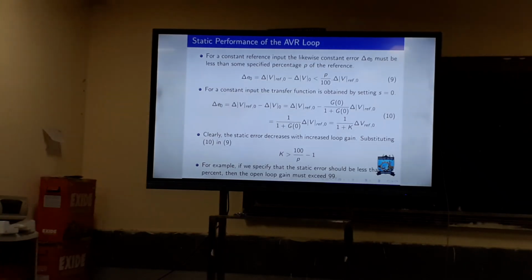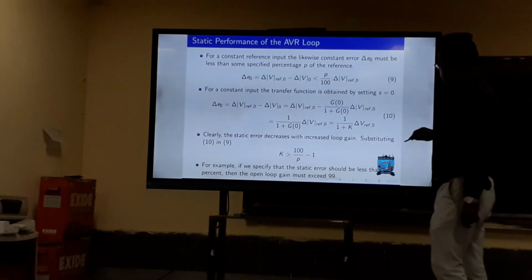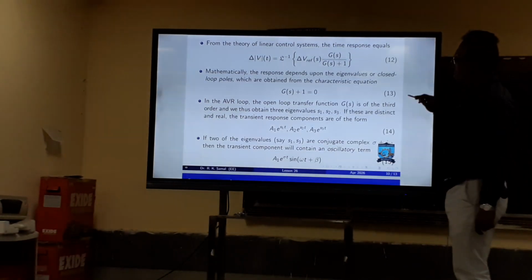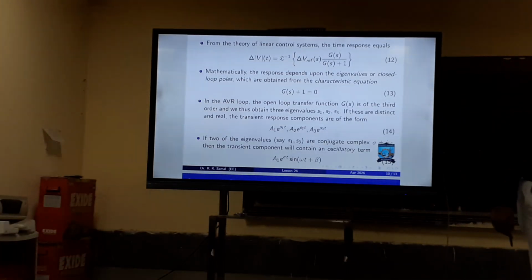So that is known as the steady-state error or the static response. Okay, that you find out by limit t tends to infinity in the time domain, or limit s tends to 0 in the s domain. Right? So here it has been done. Okay. Then dynamic response. Dynamic response means how fast it reaches there. That is dynamic response. Go through it.